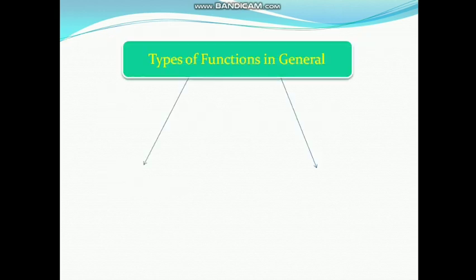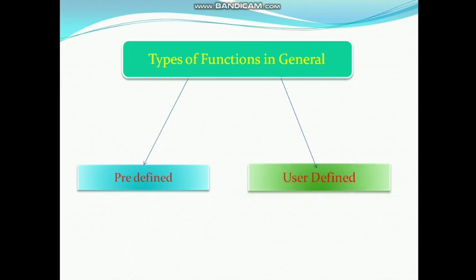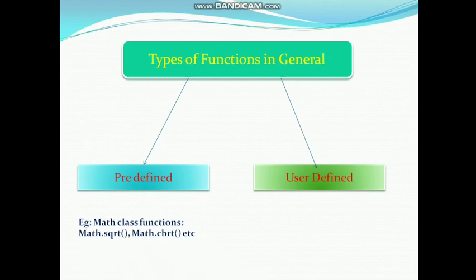Types of functions in general. In general, functions are divided into two: predefined and user defined. Predefined functions are already known to you. It is the Math class functions, that is Math.sqrt, Math.cbrt, etc. These are the functions developed by the Java developers or programmers, and they are pre-written or predefined.